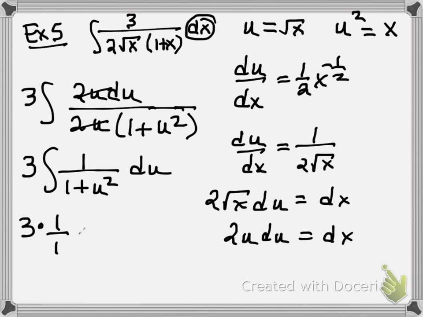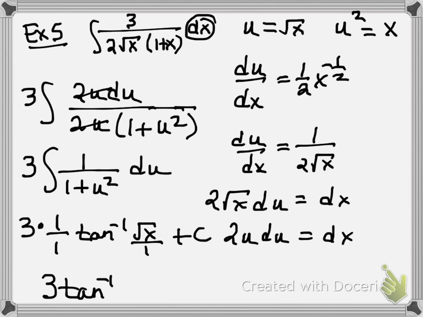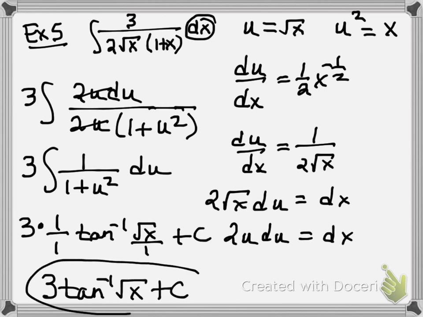Then inverse tangent of u over a, and my u is the square root of x. So square root x over a, which is 1, and then plus c. So simplified, I just have 3 inverse tangent square root x plus c, and that's all there is to it.